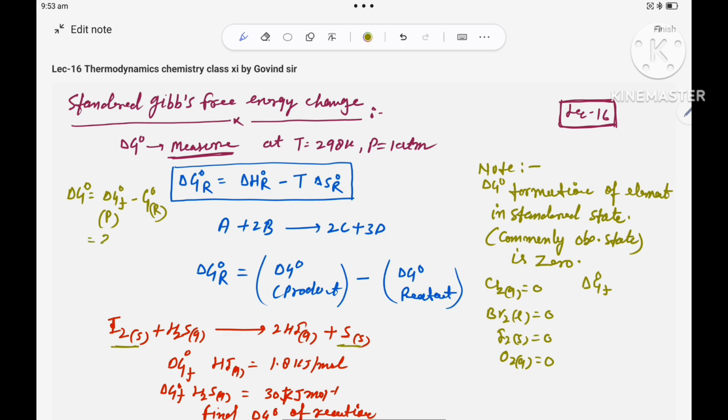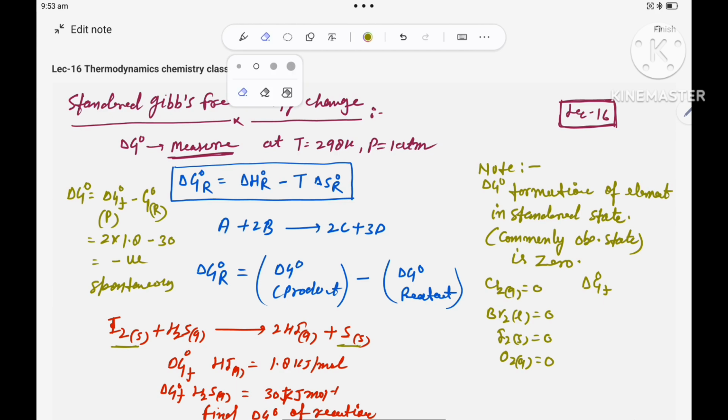So here 2 into 1.8 minus 30, so it will be negative. The process is spontaneous. Got it? So that process will be spontaneous.